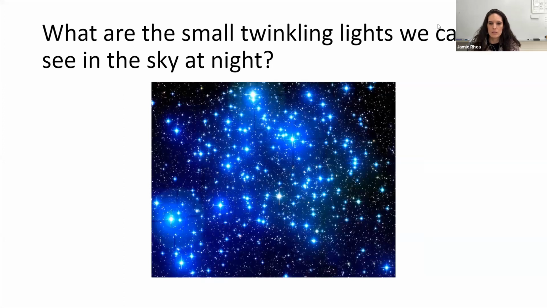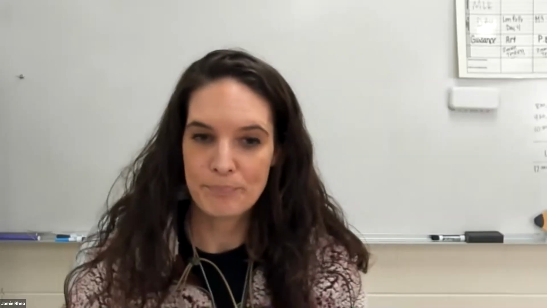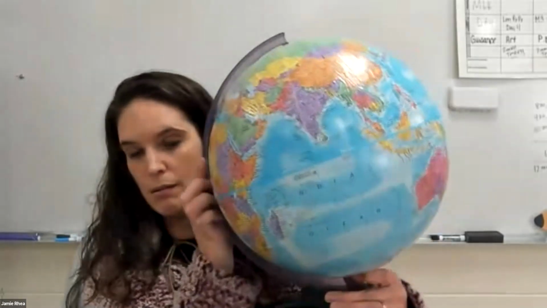So I'm going to stop sharing for a second. And let's talk about Earth. We know that this is called a globe. We talked about it in our last unit when we talked about the history of the Earth. We live on the globe. We know that we live in Clinton or Lake City or Norris or Oliver Springs.